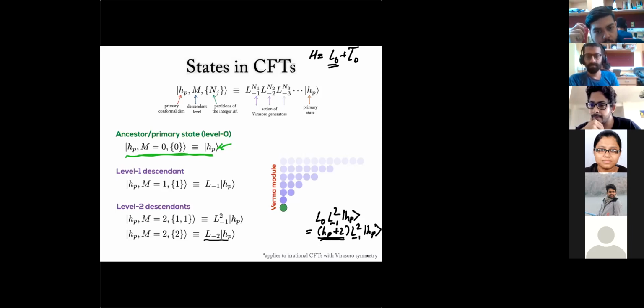What if you have charges or other symmetries in your system? Won't that break the degeneracy? Yeah. If you have additional charges, then there can be more descendants. For example, it's not just the Virasoro algebra, there will be something more. If I call the additional generators W, I can have something like W minus 5, L minus 1, HP.